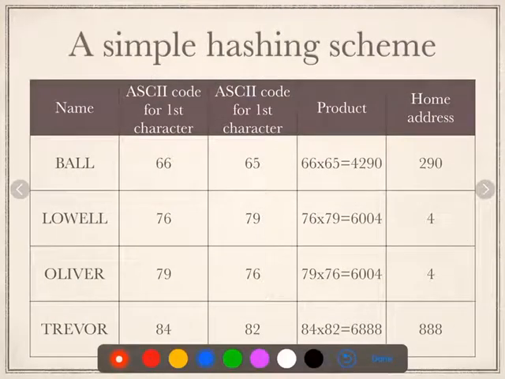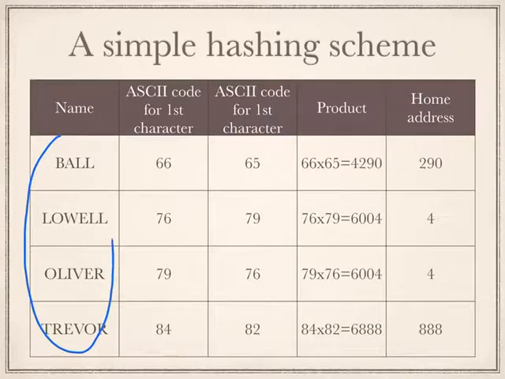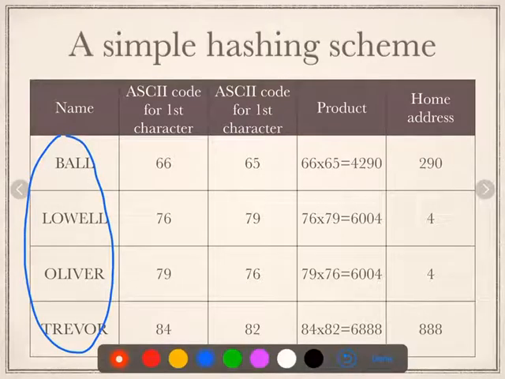Now we will see how the address got generated in the previous example. So we have a few names. These names are the keys which are used for your hash function. For your hashing scheme, in this previous example, it is taking the first two characters of the names, and using those two characters it is going to generate the hashing address. We are just going to convert the values into numerical format by using the ASCII code for the characters.